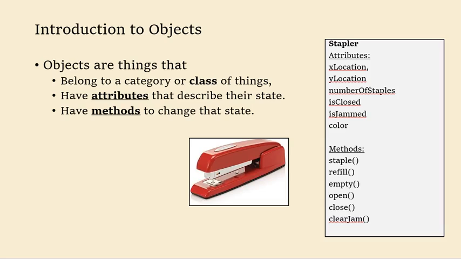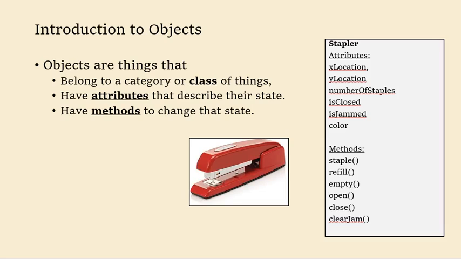We could put direction that it's facing in there, number of staples. Is it closed? Is it jammed? What color is it? Those are all attributes that describe its state. And then we would have methods that change its state, like staple, refill, empty, open, close, clear, jam, move. These would be things that change the state of that stapler.